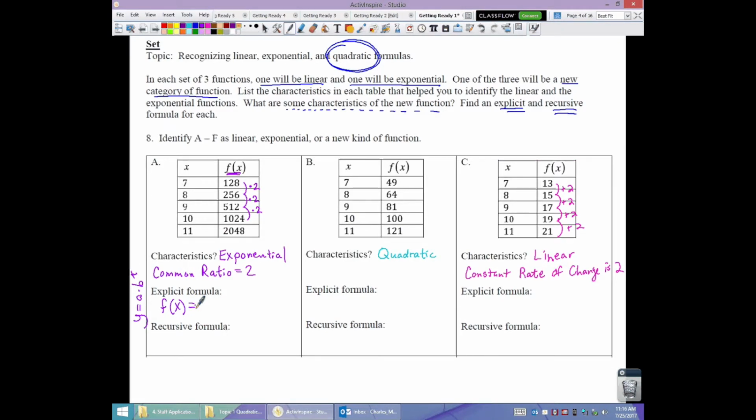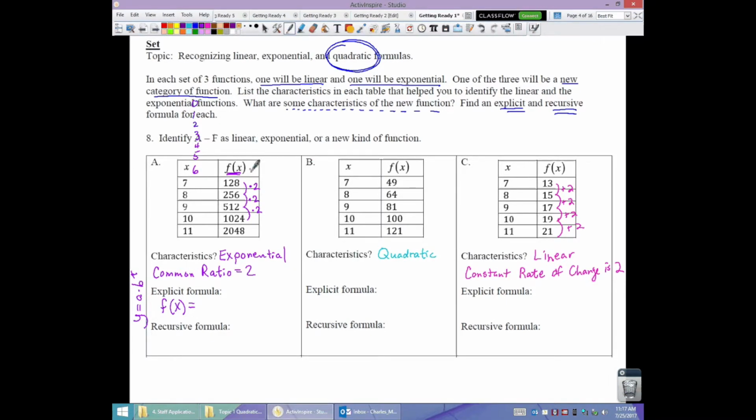Now that is certainly not shown in this table. It starts with the 7th term, so I'm going to have to go back all the way to the 0th term. That means I'm going to have to go in reverse for this pattern. So instead of multiplying by 2, I'm going to need to divide by 2 over and over and over. So until I get all the way to the 0th term.